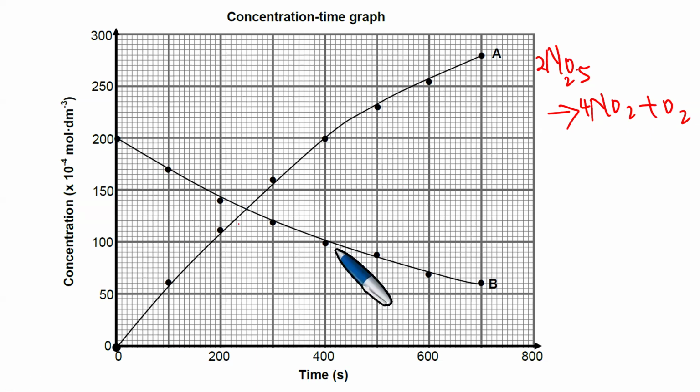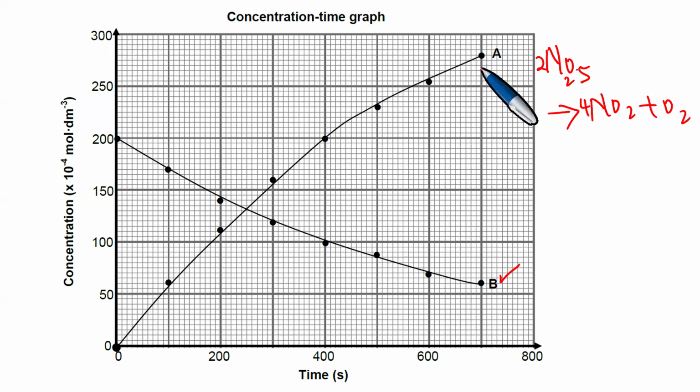There is this graph that begins from 200 and goes down to as close as possible to 50, but does not reach 50. This one is graph B. There's graph A that starts from the origin, and it shows an increase just above 250 and below 300.